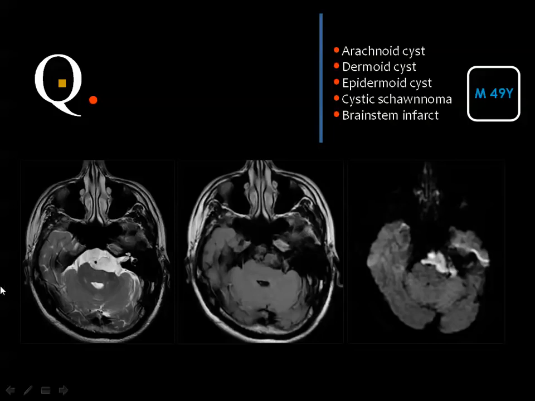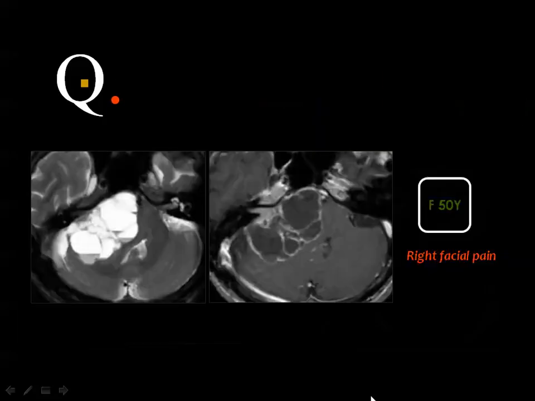And you should say that the lesion showed bright signal in the T2, intermediate signal in the FLAIR images with restricted diffusion, and this fits very well with epidermoid cyst. Okay.